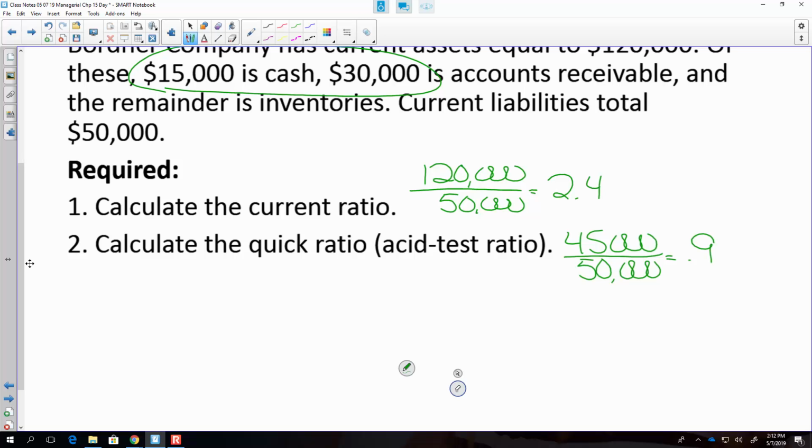So basically, what does 0.9 mean? I've got 90 cents to pay $1 worth of current debt. Or if I look at the 2.4, I have $2.4 of assets for every $1 of liability.